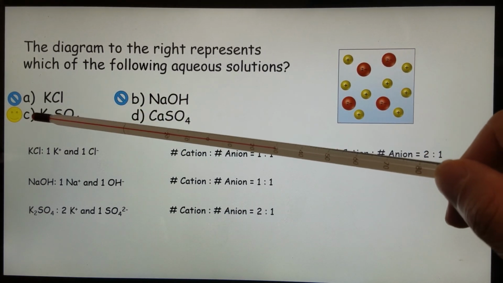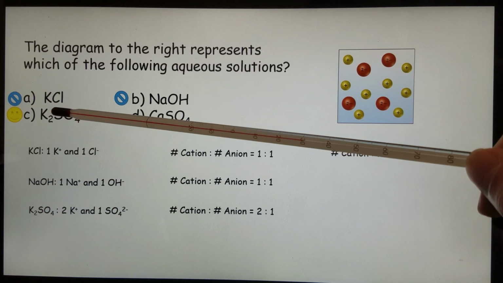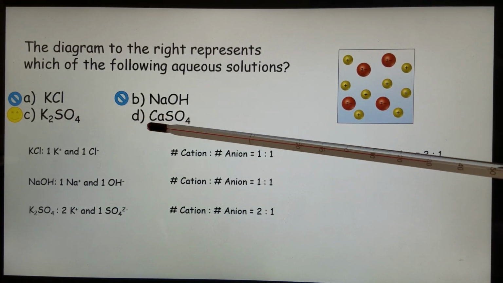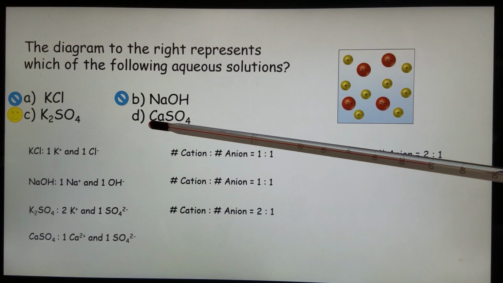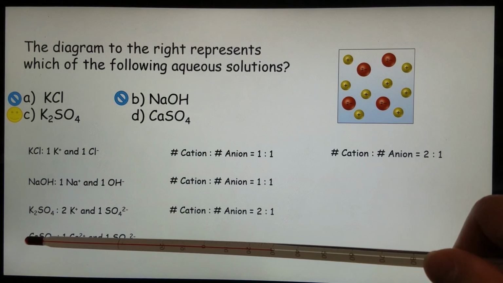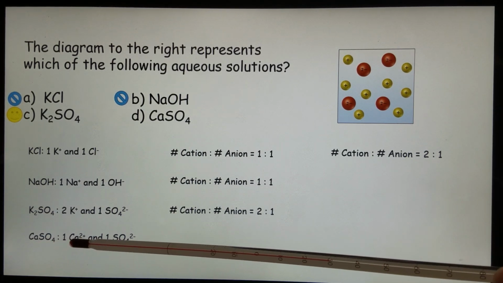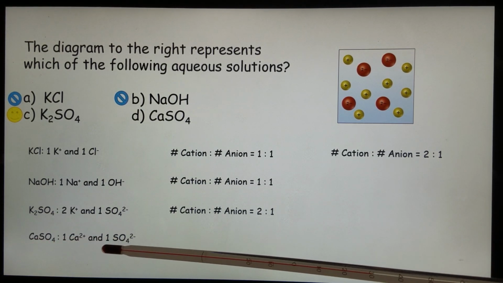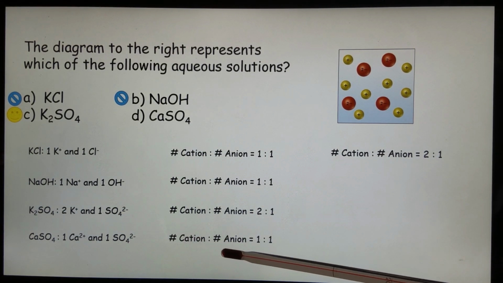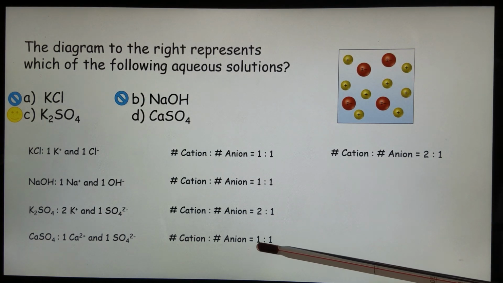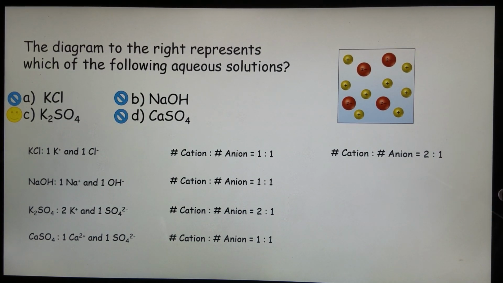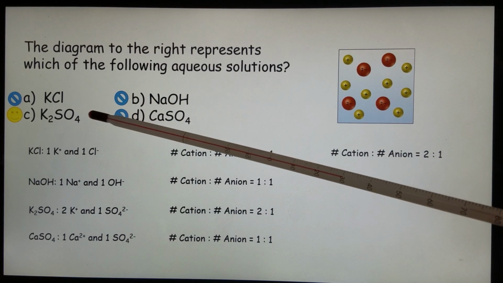Bingo. C is the answer, just like what we did in solution 1. And then let's just finish choice D, calcium sulfate. There is 1 calcium cation and 1 sulfate anion. The ratio of cation to anion is 1 to 1. Again, that's not 2 to 1. So therefore, C definitely is the correct answer.